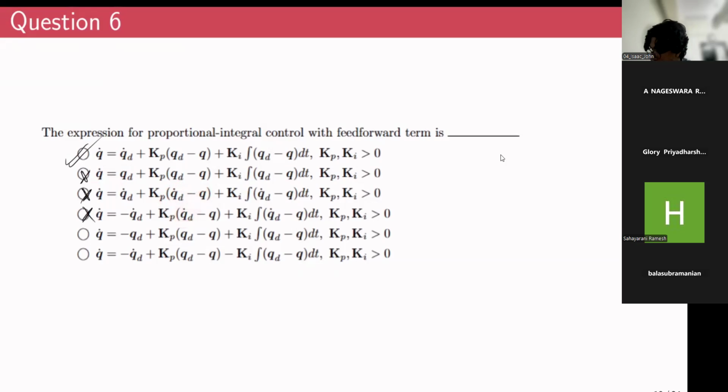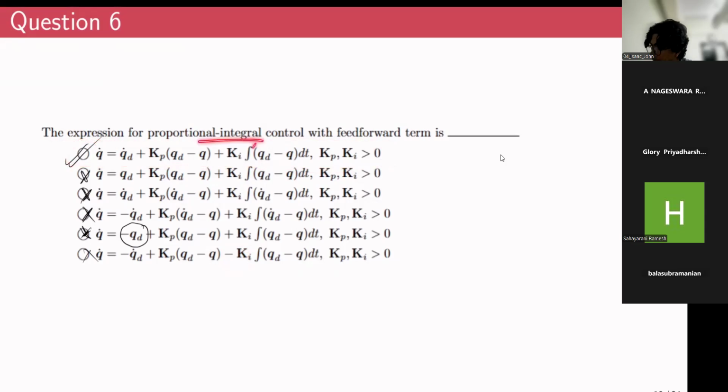Option 5, we have a negative term over here, Q desired. Again, that is also not dimensionally consistent. That is false. Option 6 is also false because, instead of adding the integral term, they are subtracting the integral term over here. So the only correct answer seems to be option 1.